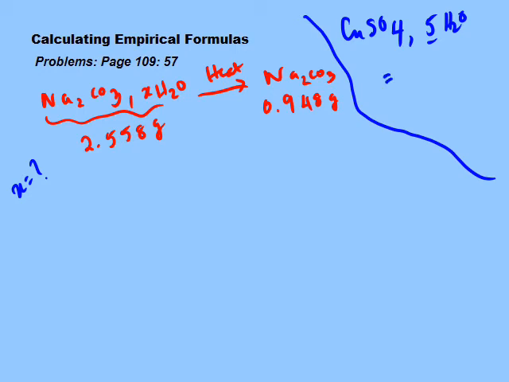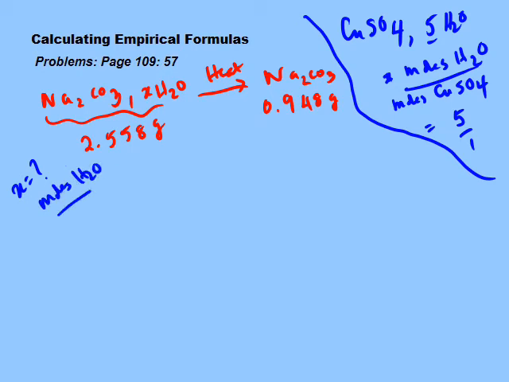If I have the number of moles of H2O on the top and moles of copper sulfate on the bottom, by looking at the formula I would have 5 on the top, 1 on the bottom. Similarly, in this problem, if you divide moles of H2O by moles of Na2CO3, you're going to get the X value. So keep that in mind, and we're going to do exactly the same thing.